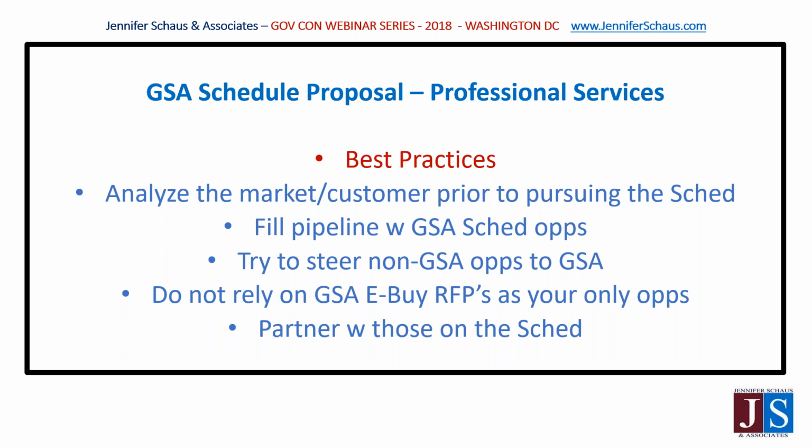A lot of companies think, oh, once we get onto the schedule, we're going to have all these RFPs and RFQs coming to us from GSA, and that's going to fill our pipeline.